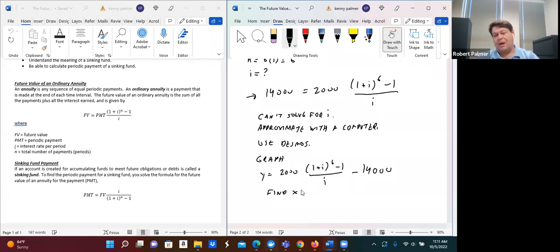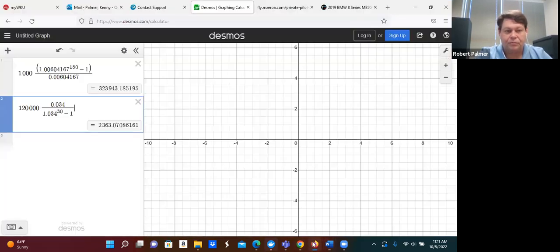So I want to find x where y equals 0. Essentially, that's the x-intercept, if you've done graphing for a while. Let's take a look at this then on Desmos. So what we're going to do is just do that.